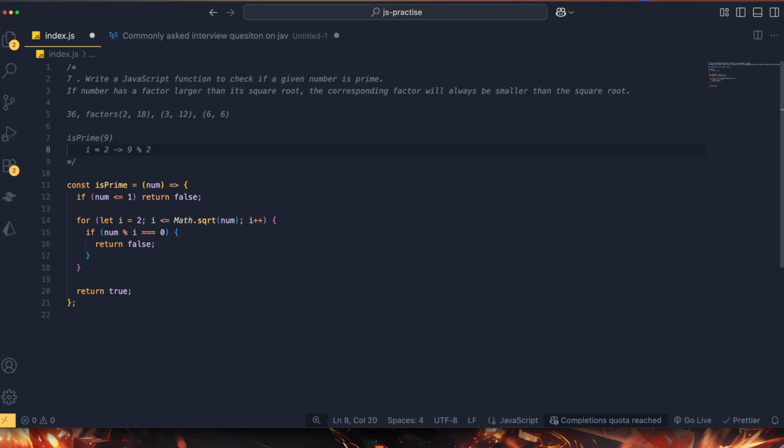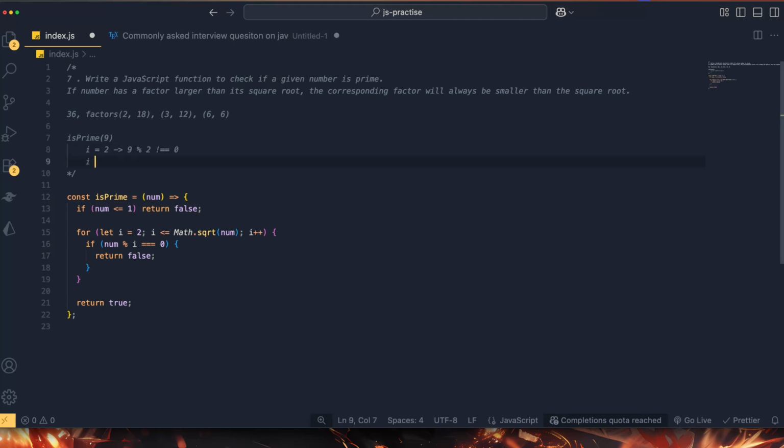Of course it is not equal to 0, so the condition moves on. It will not get into the if condition, it will move on to the next index, which is i equals 3. So 9 divided by 3, what happens? It gives the remainder equal to 0. At this point we need to return the value as false.